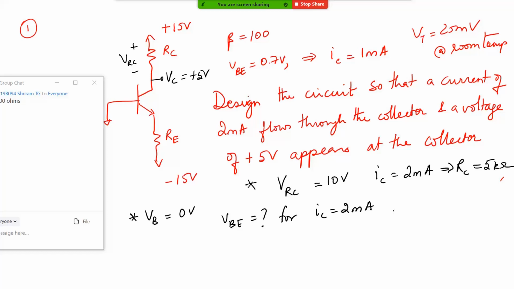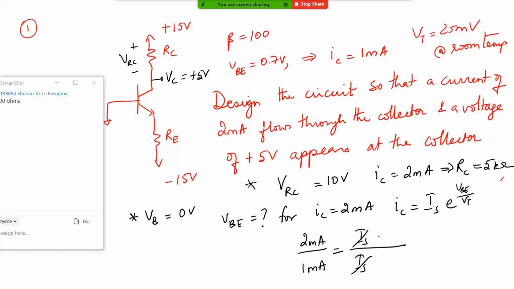It's an exponential equation, correct. So IC is IS e to the power of VBE by VT. Now what you can do is take a ratio of the currents. Let's say 2 milliamp divided by 1 milliamp is equal to IS, and IS will get cancelled, right?